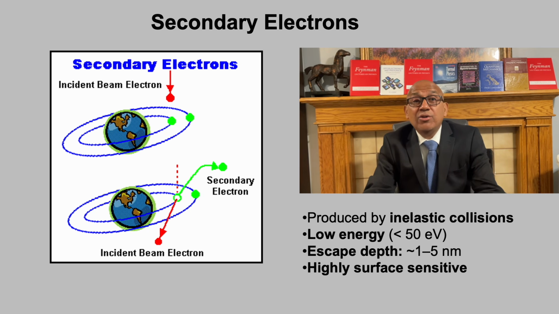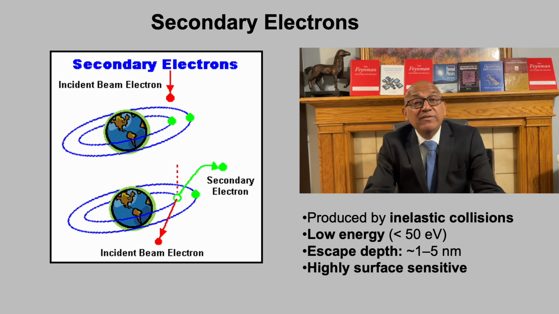Any secondary electrons generated deeper in the material lose energy through scattering and cannot escape. This extremely small escape depth is what makes secondary electrons highly surface sensitive. They carry detailed information about surface morphology, revealing fine features such as edges, steps, grain boundaries, and surface roughness.